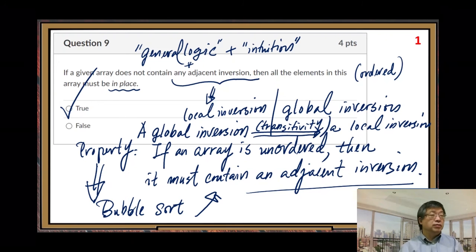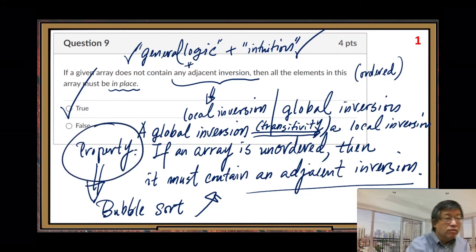So that is the background of this question. You have to know a little more than just intuition and general logic: some critical properties.